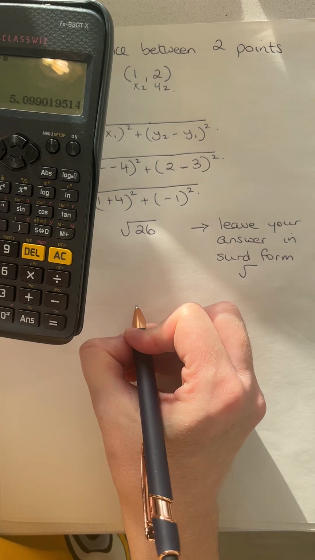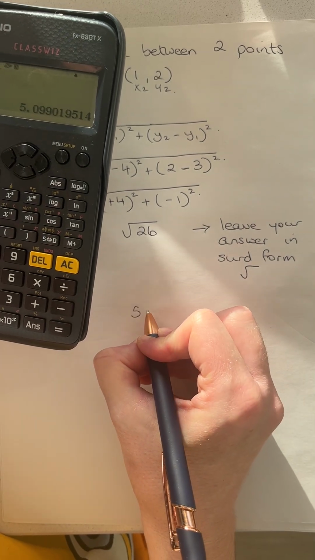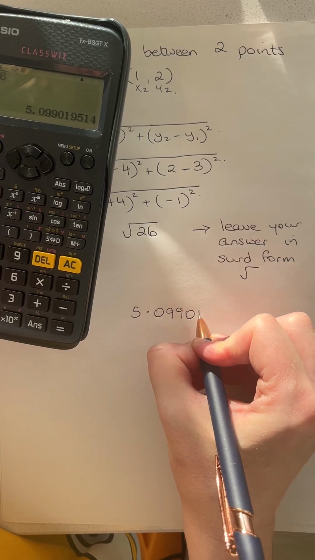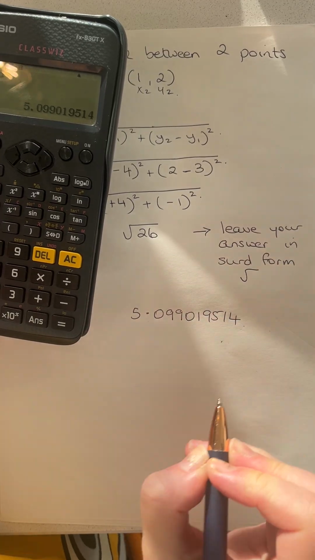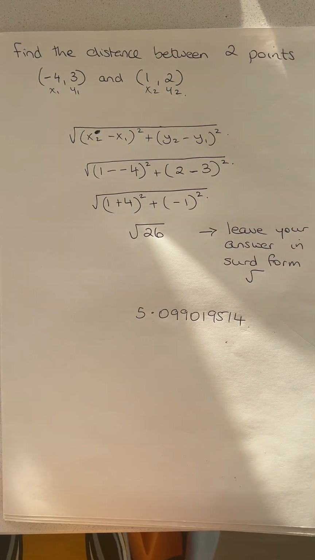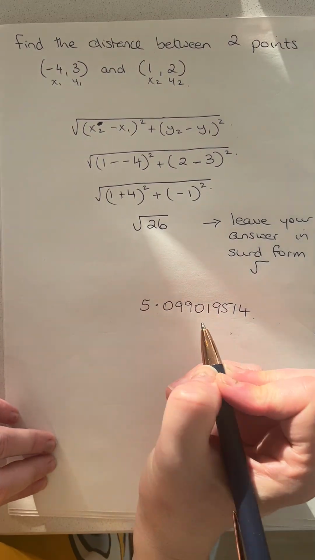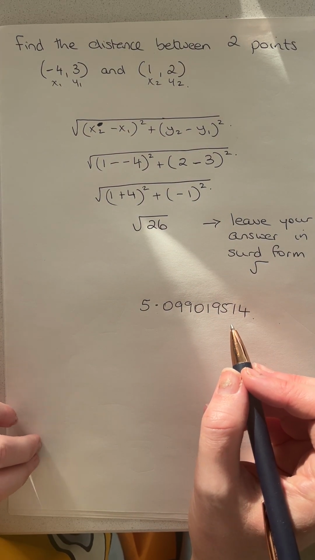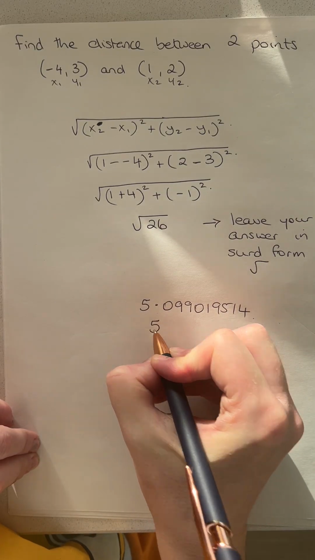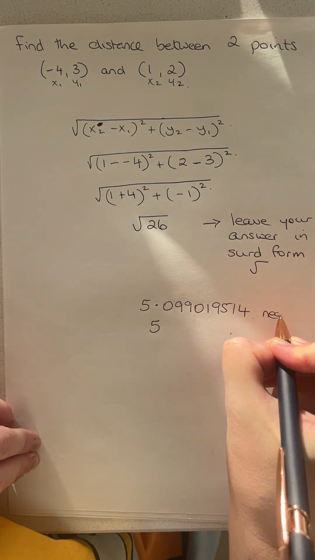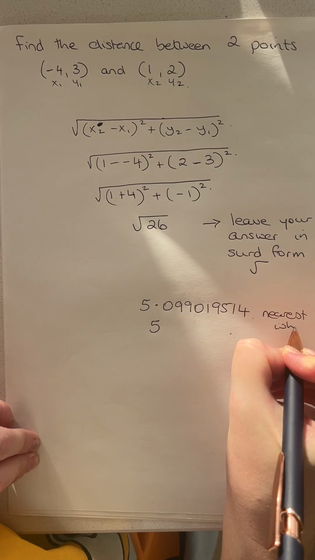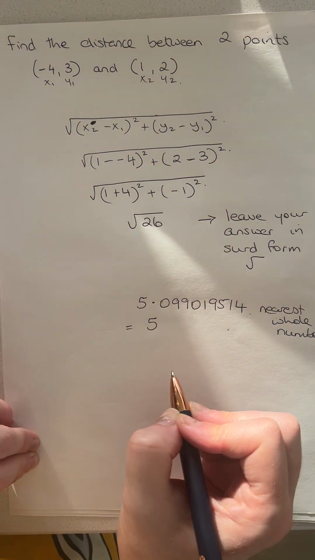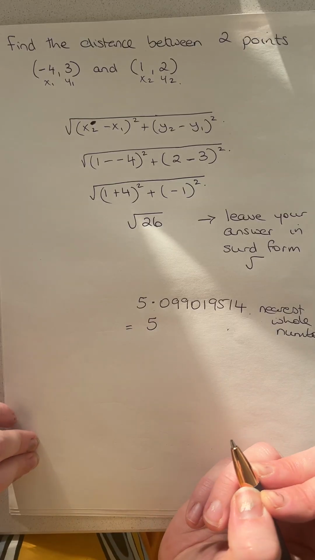I would use my calculator to change it to 5.099019514. And then I would go about rounding it off in whatever way they've asked. Whether it's 2 decimal places, 3 decimal places, the nearest whole number. So let's say we'll do that one, nearest whole number. My answer I would finally give is 5, just to get my full marks at the end.